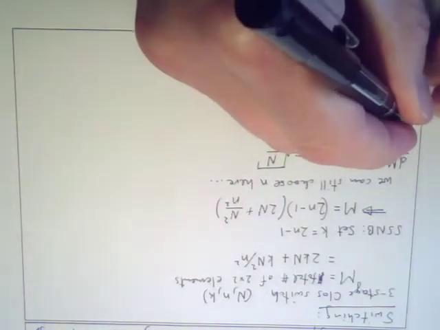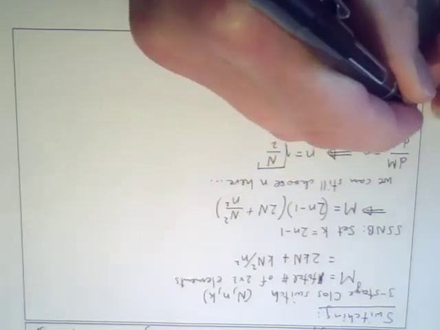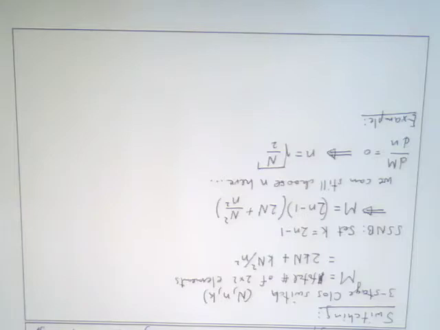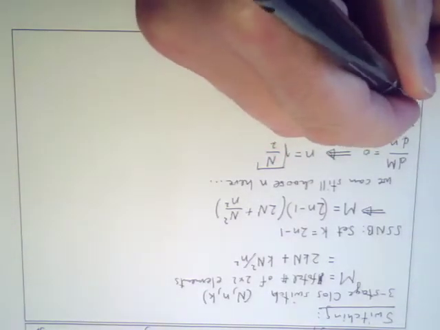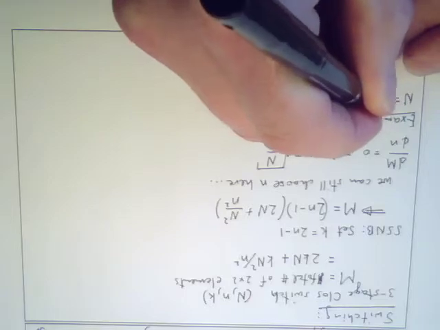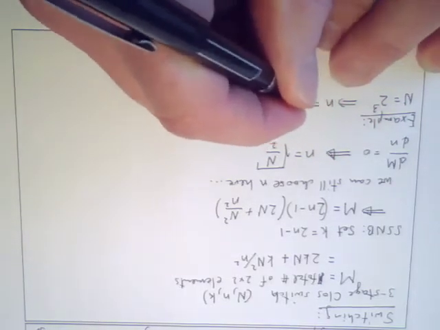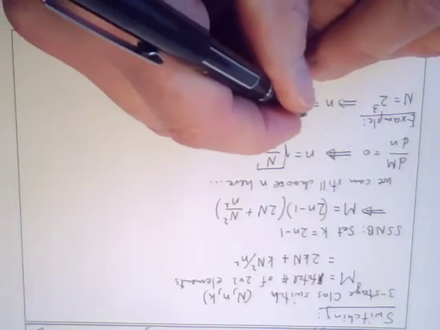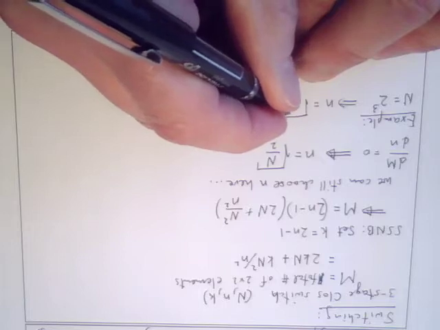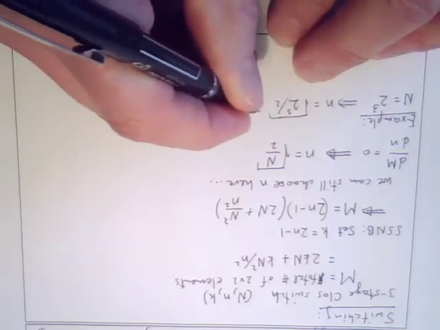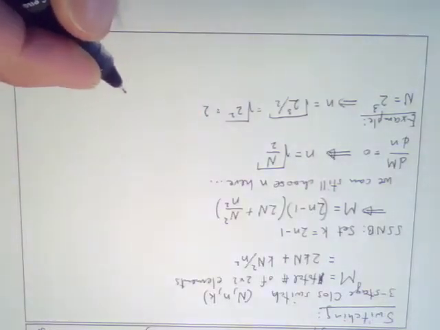So for example, if big N is an odd power of 2, so suppose that N is 2 cubed, then I get little n is the square root of 2 cubed divided by 2, or the square root of 2 squared, which is 2.